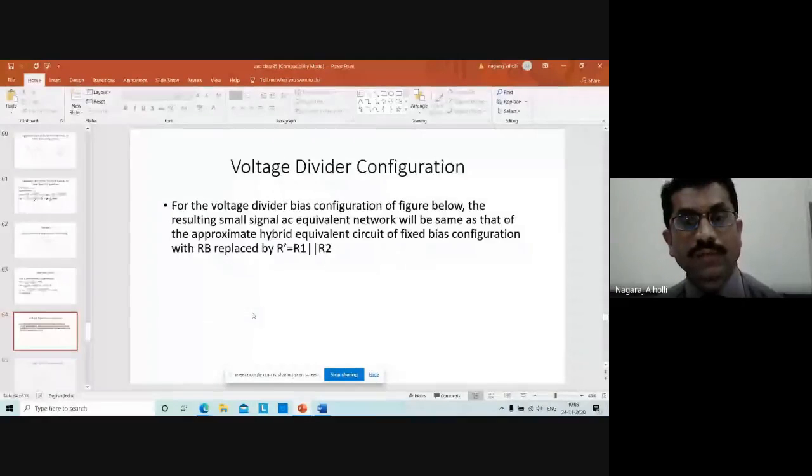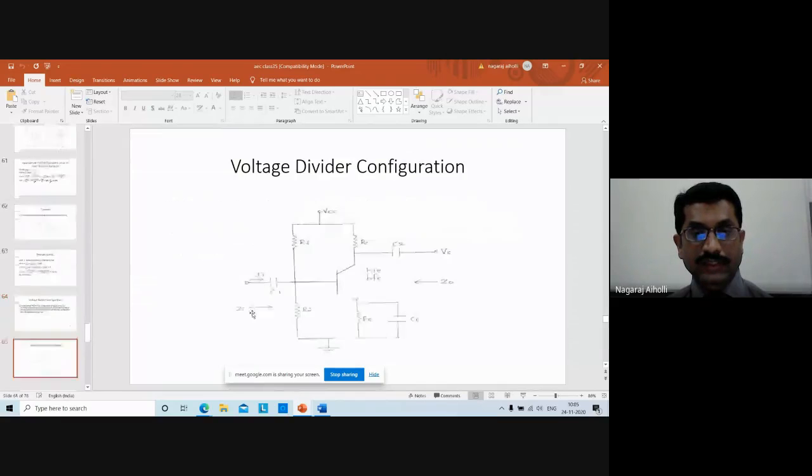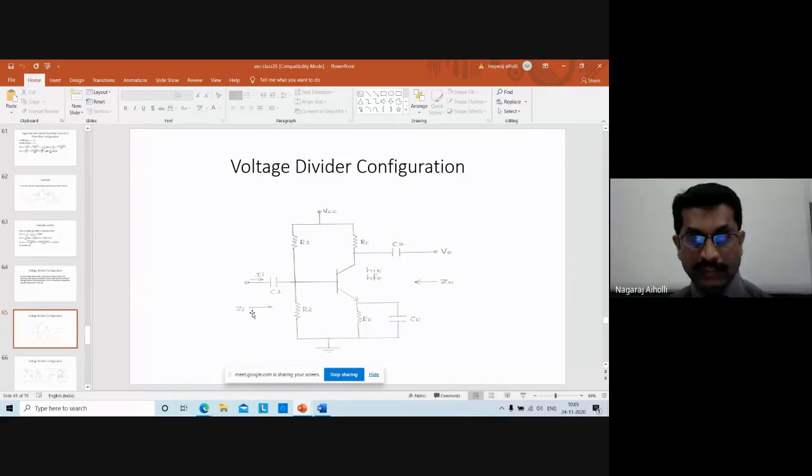Next, we'll go to the voltage divider bias configuration. We know that we have R1, R2 voltage divider, then collector resistance RC, emitter resistance RE, input capacitor C1, output capacitor C2, bypass capacitor CE, VCC, VI, V0, ZI input impedance, Z0 output impedance, HIE and HFE.